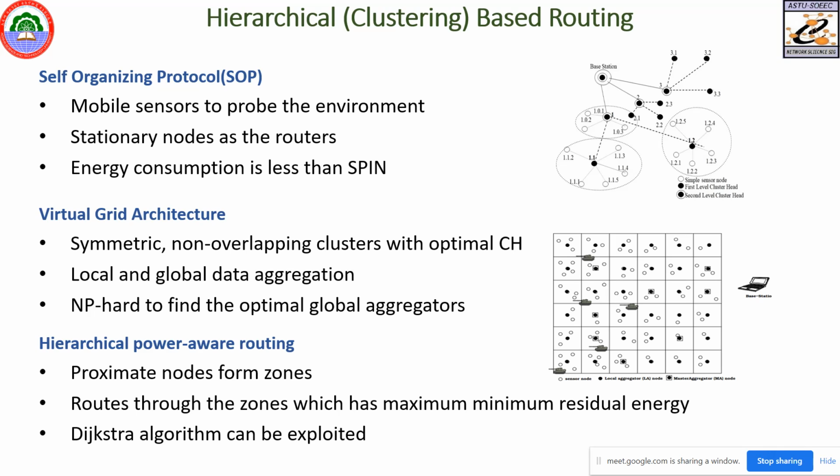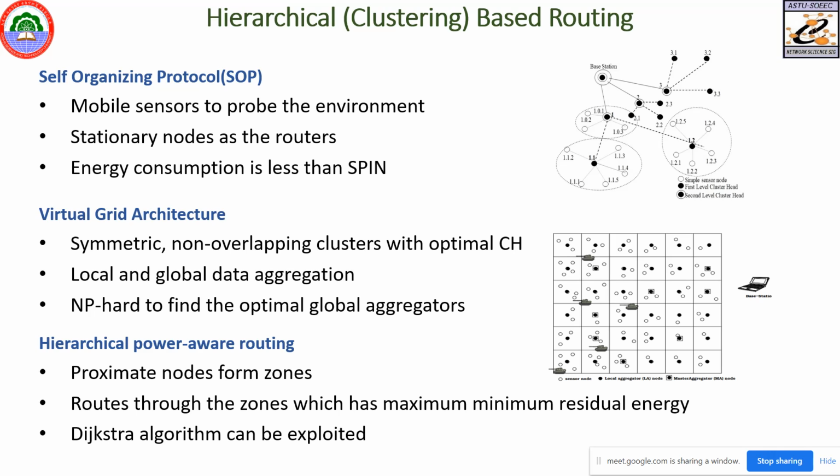Next, the cluster-based routing protocol, virtual grid architecture. As we can observe from this image, there are various grids. Instead of forming clusters, here grids are formed in square format. Each and every grid has one cluster head, that is the grid head, represented in black color, and the remaining white circles are the various nodes.